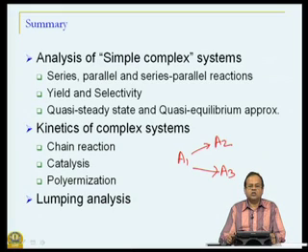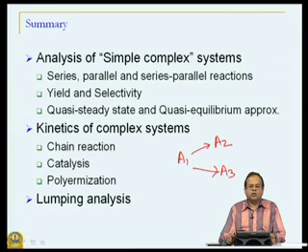What is a quasi steady state approximation? We said that there are a few intermediates or a few species in our scheme of things whose turnover is very large. That means, they get formed, they get converted to other forms, and this is a fairly fast process.